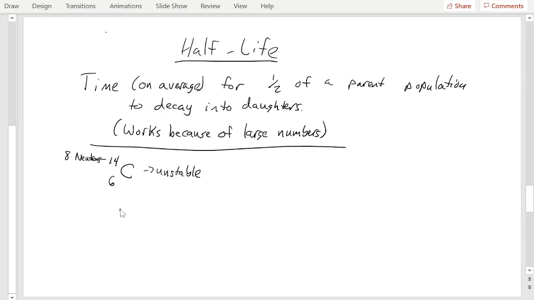And so carbon 14 decays via beta decay into nitrogen and an electron, right?